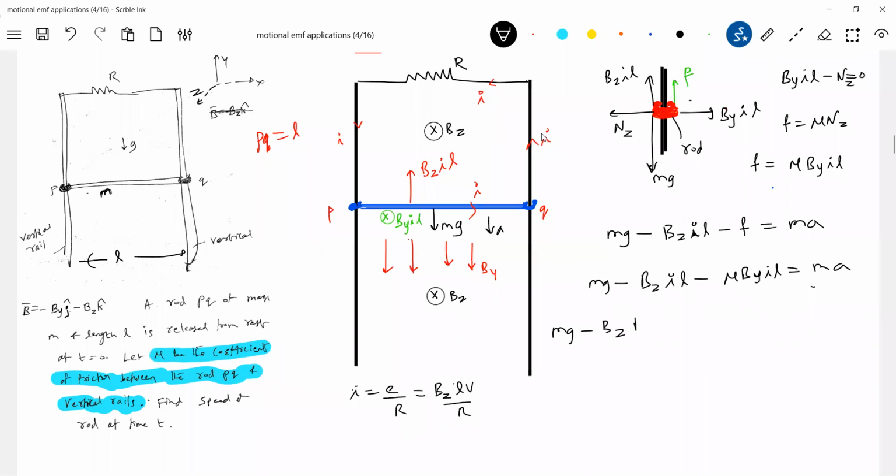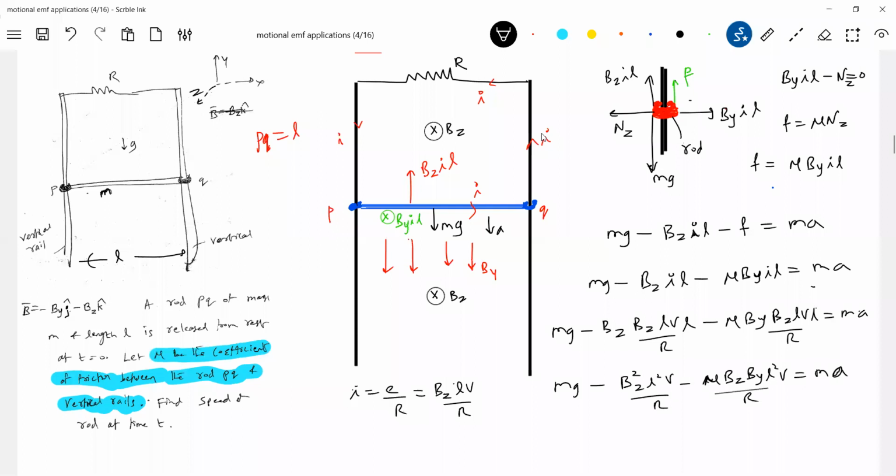B_z, what is I? B_z L v by R, times L. Mu B_y times B_z L squared v by R, giving B_z squared L squared v by R and mu B_z B_y L squared v by R.